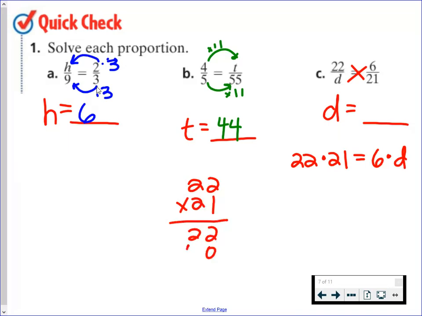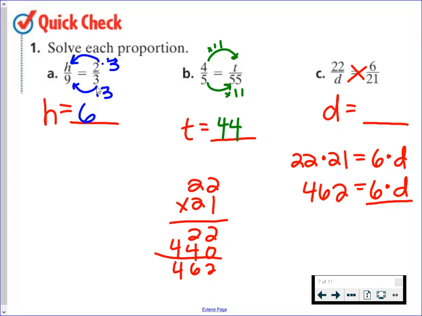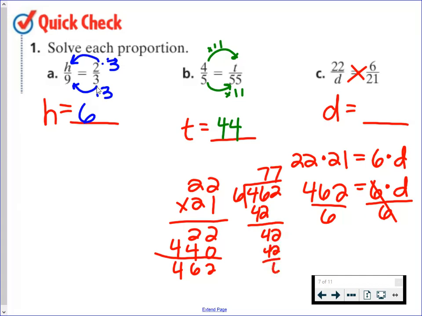Solve it. Work on it. What is 6 times D? I don't know. But I know if I divide by 6, I'll be able to figure it out. Now I know D is 77.